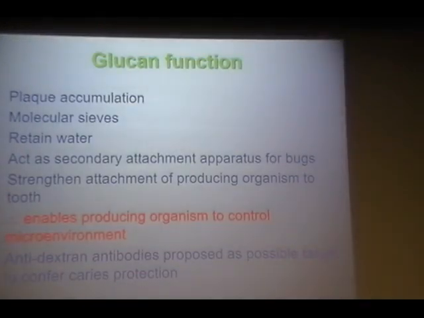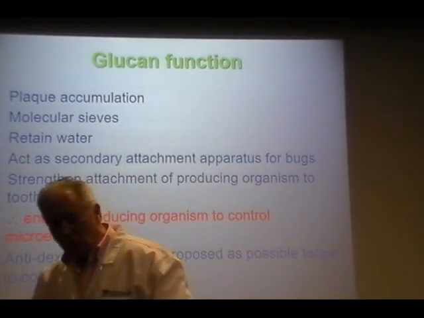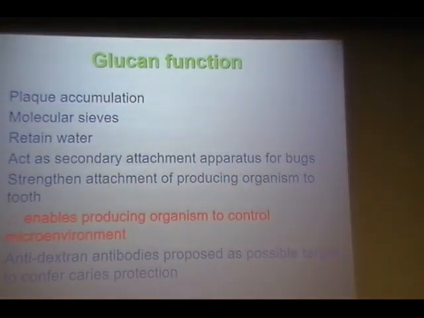And what's the function of glucan? Well, obviously, it promotes plaque accumulation. It permits the organism that binds poorly to the salivary pellicle to outwit and circumvent that feature, and therefore you're getting plaque formation in organisms that bind poorly to the tooth to begin with. They're molecular sieves. They permit water retention.